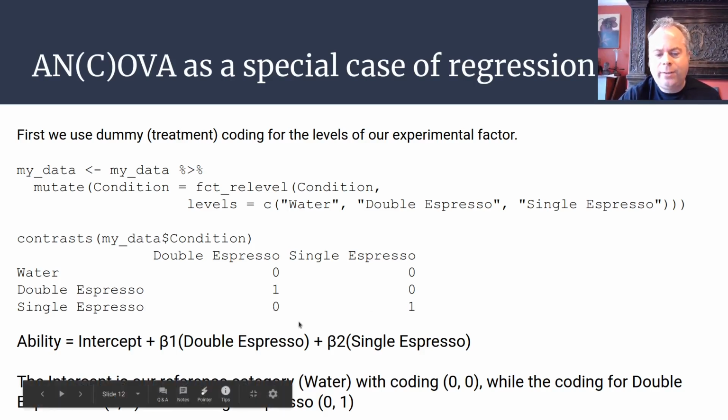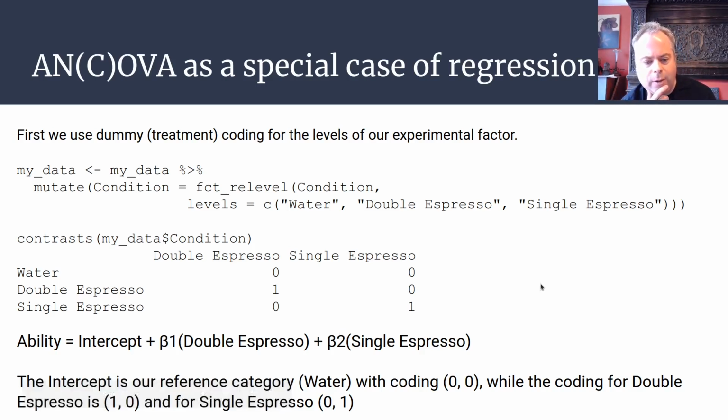And to make sense of this, we need to think about it in terms of the equation for the general linear model, the linear model we're wanting to build, where our dependent variable, ability, is equal to the intercept plus a coefficient corresponding to our double espresso group, plus a coefficient corresponding to our single espresso group. And what we're wanting to do when we build our linear model is basically calculate these coefficients.